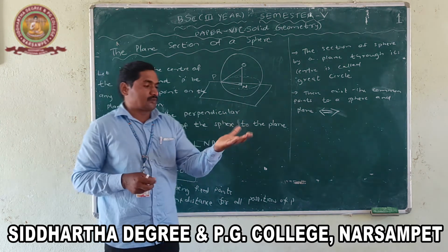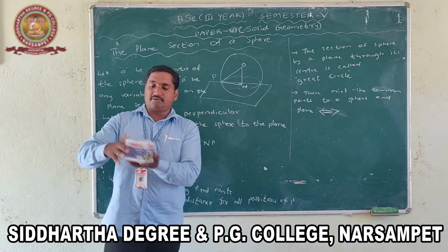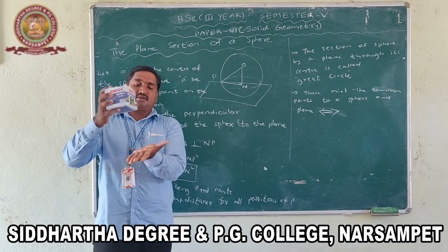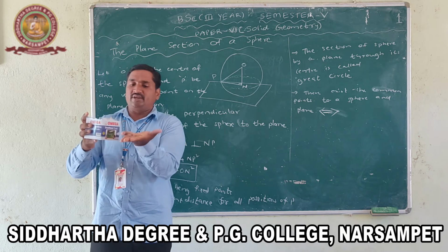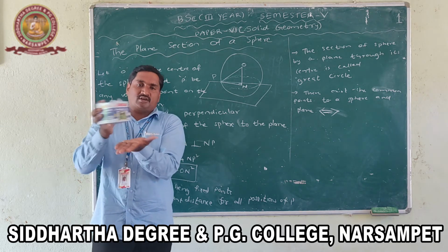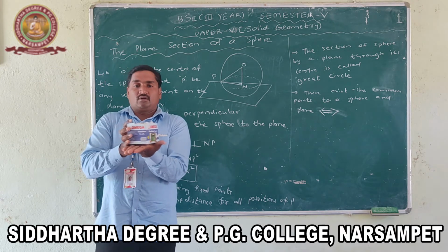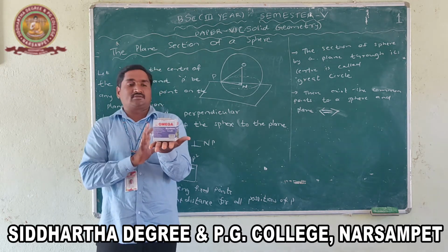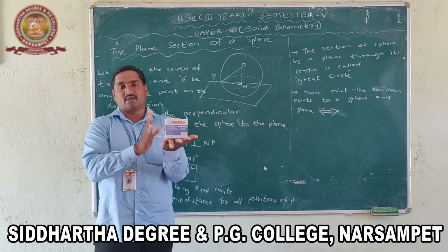Suppose this is a plane and this is a sphere. If it intersects or touches, cuts like this or touches like this, there exist common points to the sphere and plane.